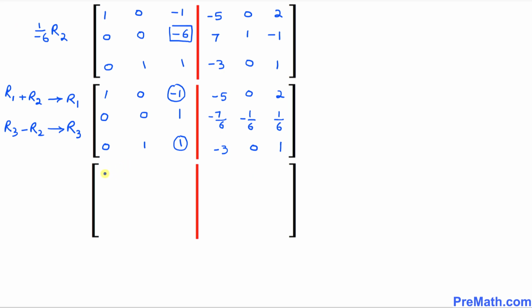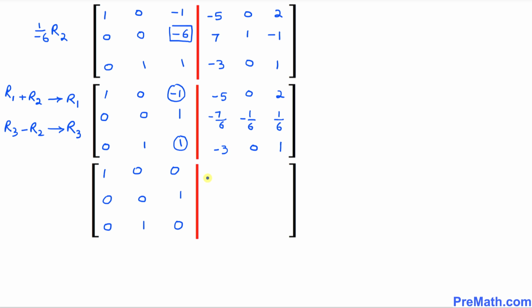It's going to become 1, 0, 0, and then we did not change the second row. It's going to stay the same, 0, 0, 1, and this becomes 0, 1, 0 on the left-hand side. On the right-hand side we have to be very careful since we are dealing with fractions now.